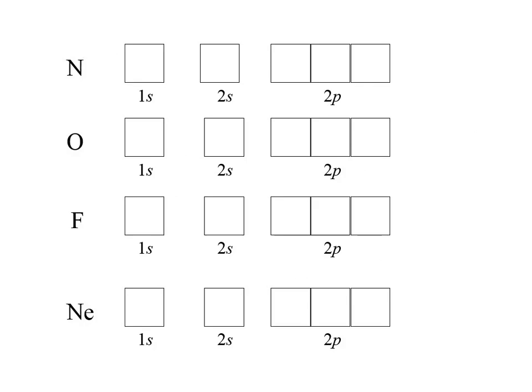All right, so we did carbon, that was 6 electrons. Nitrogen is 7 electrons. So we fill the 1s first, and then the 2s, and then need homes for 3 more electrons, and they each get their own room. Is that not fun or what?